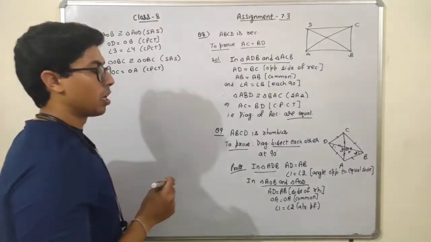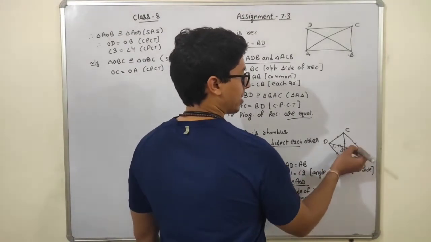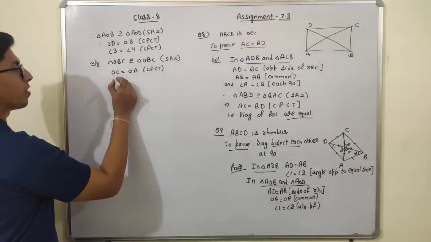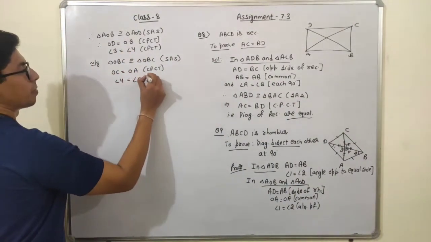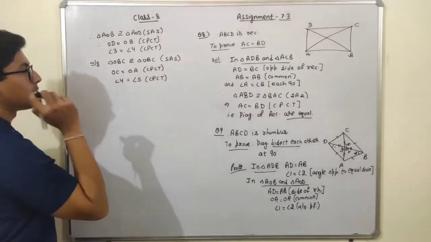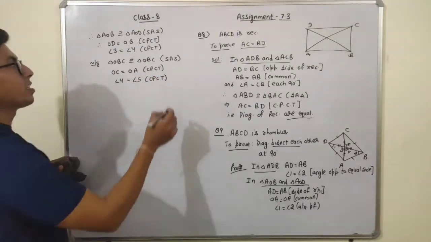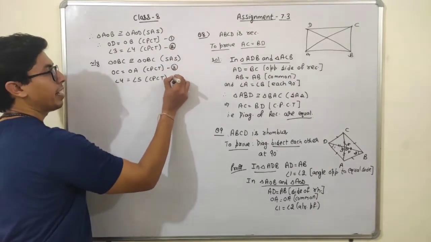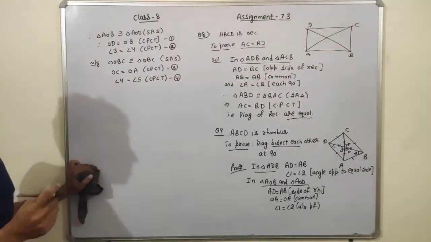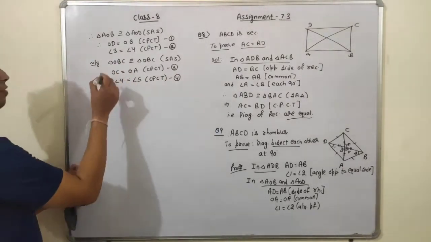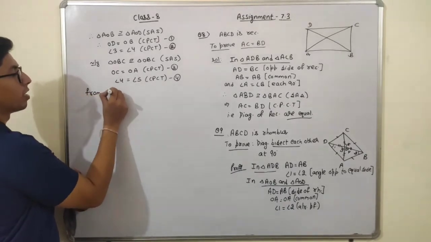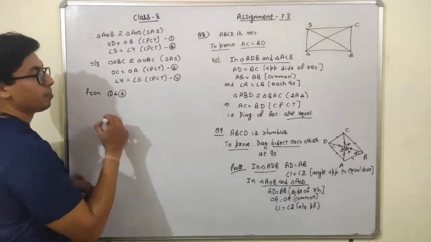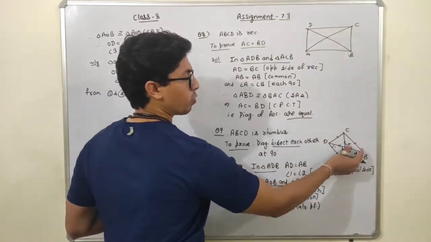Now I can say that this is angle 5. So angle 4 is equal to angle 5, because of CPCT. Now students, if I name them as equation 1, 2, 3 and 4, from 1 and 3, from 1, OD is equal to OB.